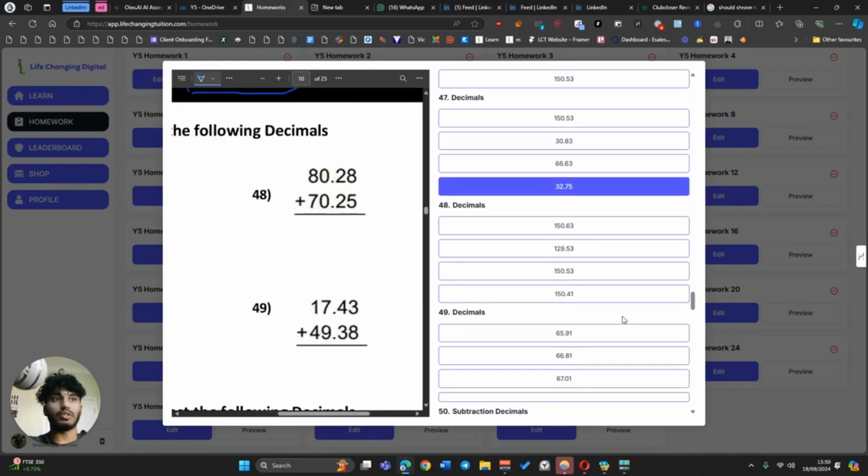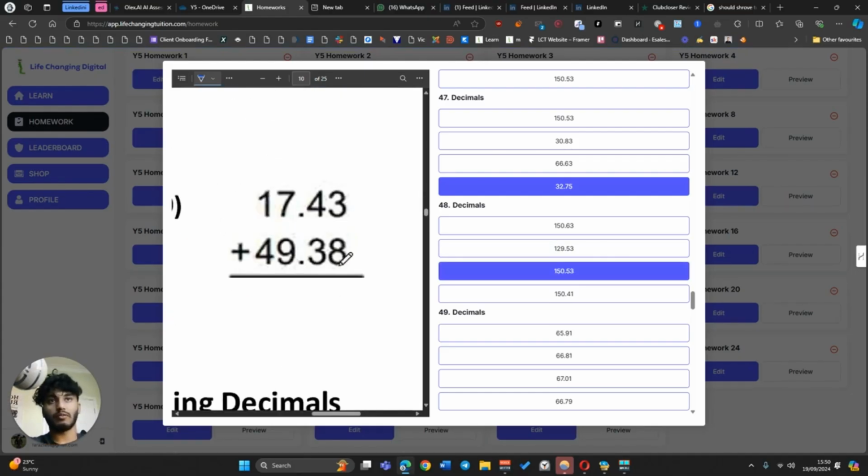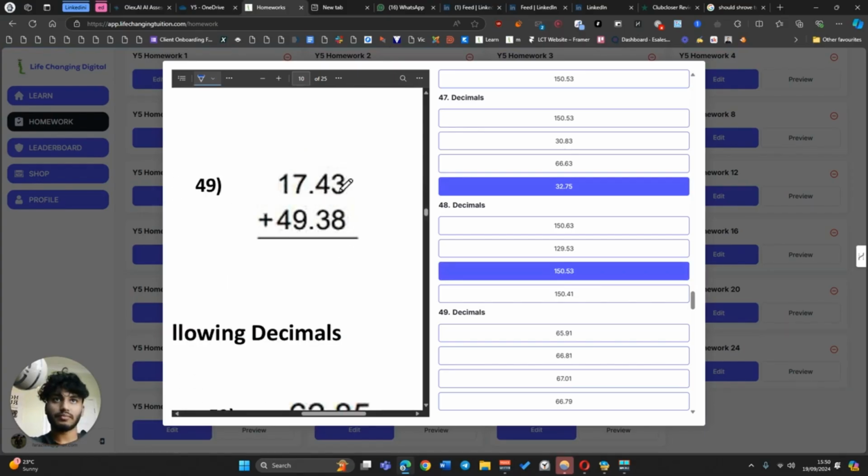Question 48, we've got 5 and 8, that gives us 13. This one adds to 5, this one adds to 0, and this one is 15. We've got 150.53. Question 49, got 8 and 3. This is 11. And then 7 plus 1 is 8.